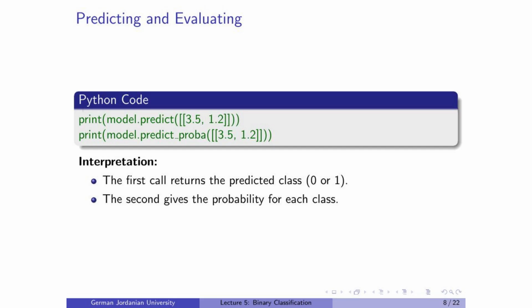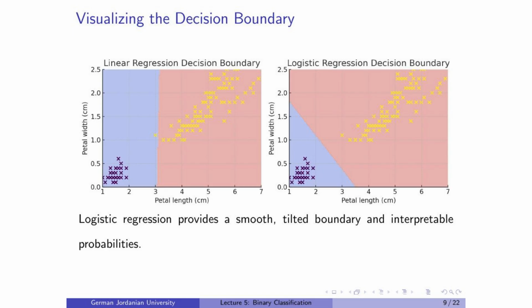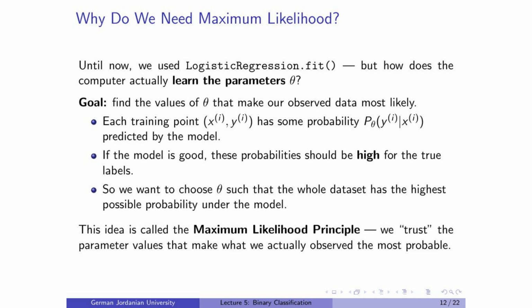The optimizer, in this case gradient descent, adjusts parameters to minimize error. Together, they form the pipeline of learning. When trained, the logistic model creates a smooth tilted boundary that separates the classes, showing not just classification but confidence levels as probabilities.